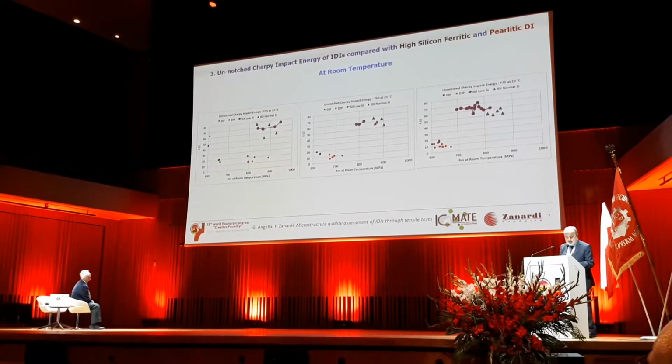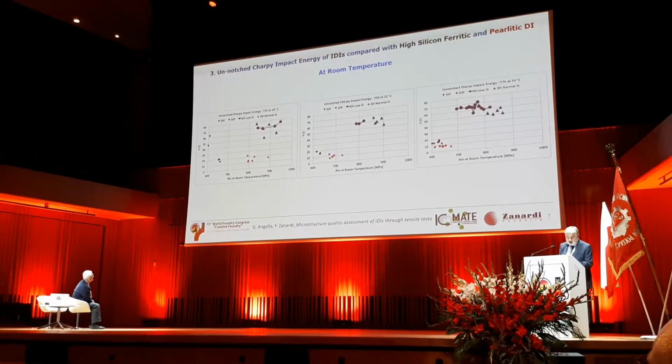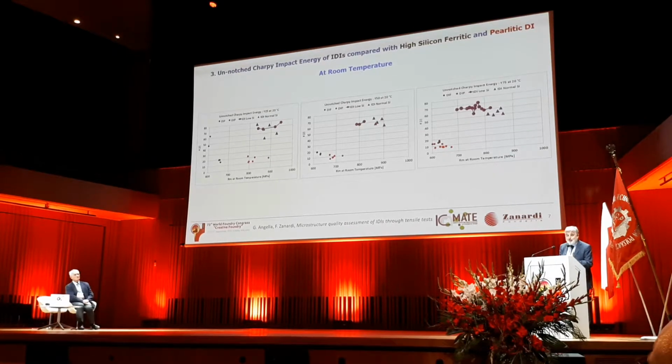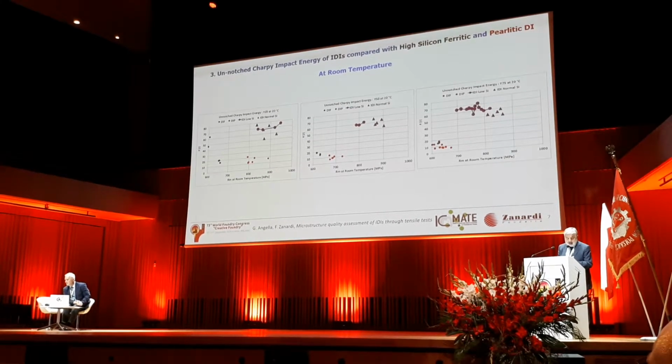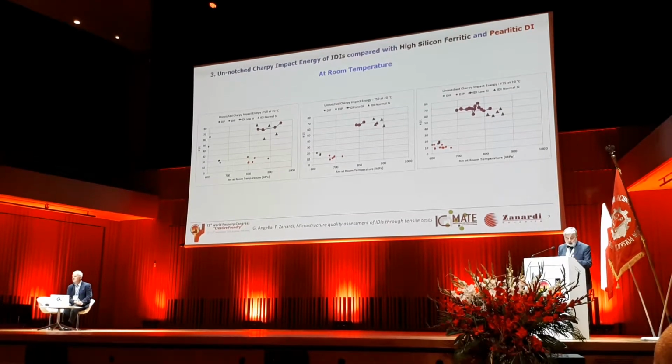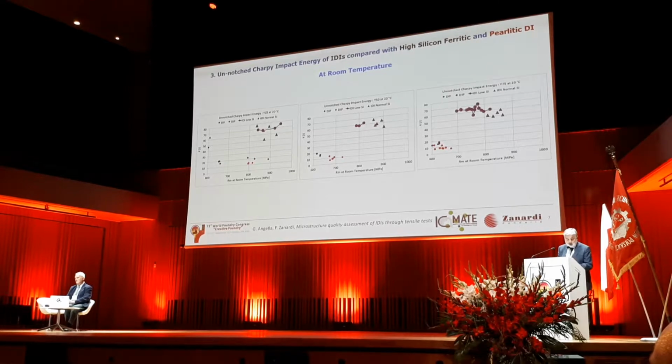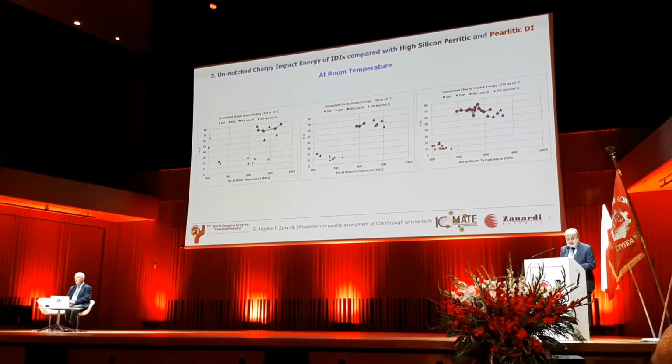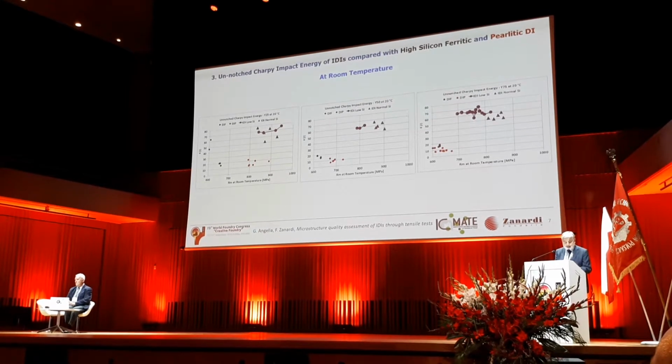The round points on the left, on the low strength, are ferritic grades. When you have silicon solution strengthening, as much as you go over 600 megapascal strength, the Charpy is decreasing.